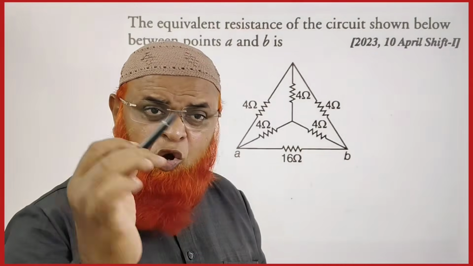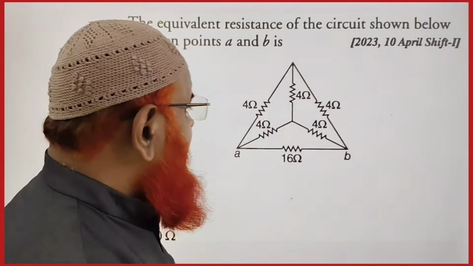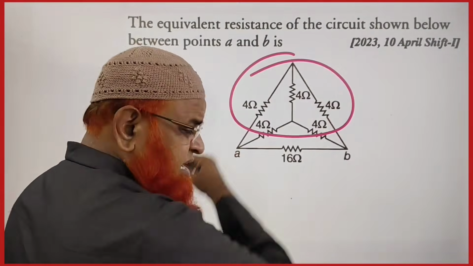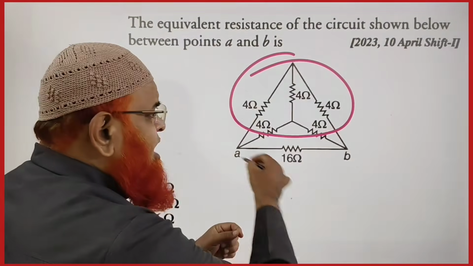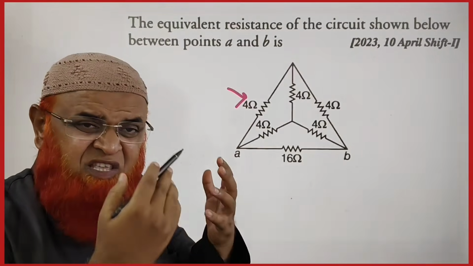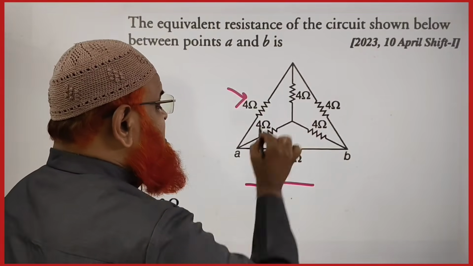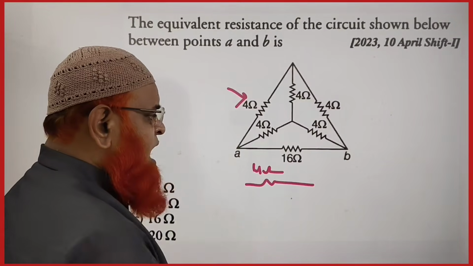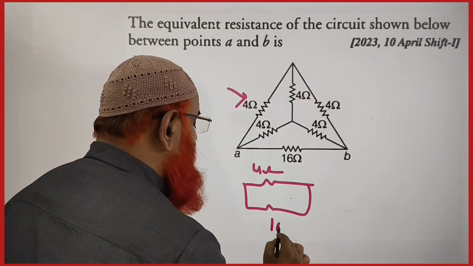My dear students, how can you solve the problems of previous year questions without even lifting the pen? You can just see this problem. The upper part of the circuit is a Wheatstone bridge, and in a Wheatstone bridge, when all the resistors are same, any one of the resistors is going to be the answer. That means the upper part is completely taken as 4 ohms, and only 16 ohms is left, which is in parallel with 4 ohms now.